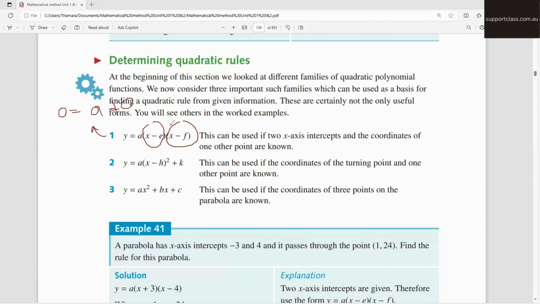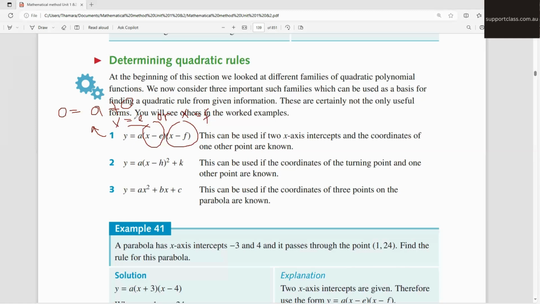It means x is equal to e, or x is equal to f. Hope you got that.